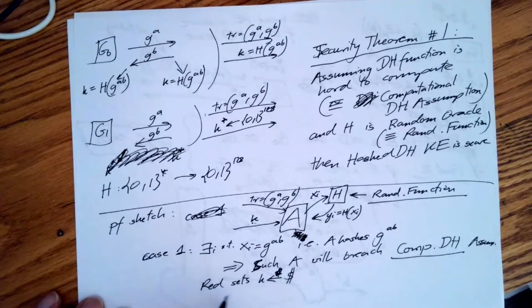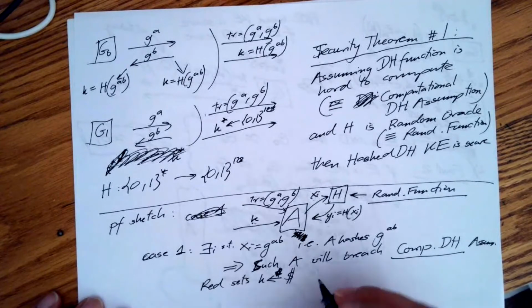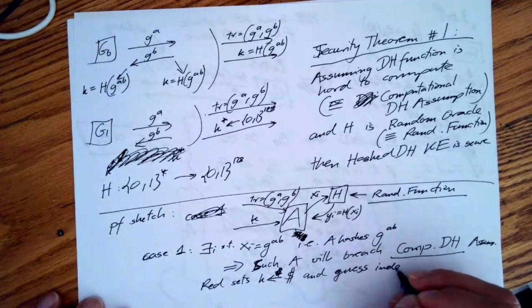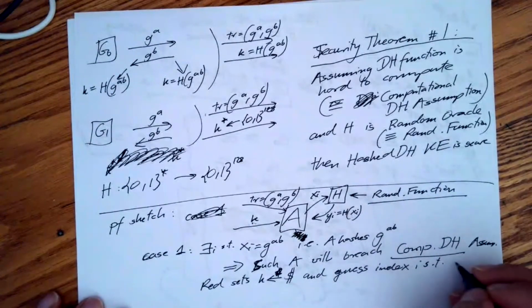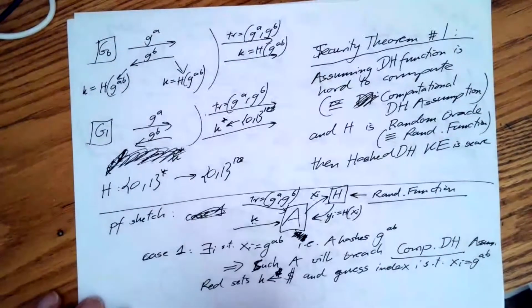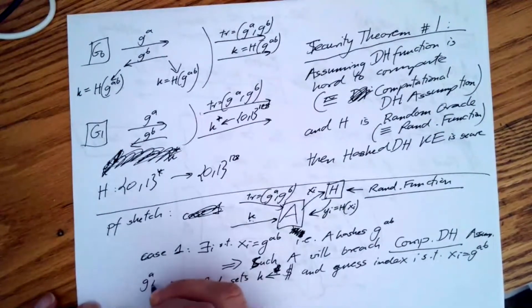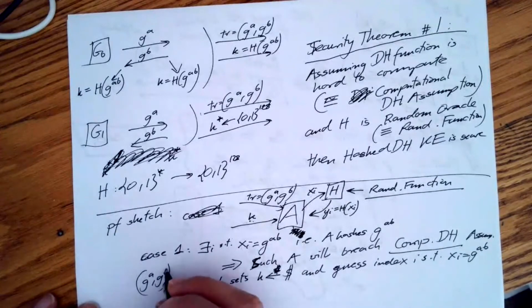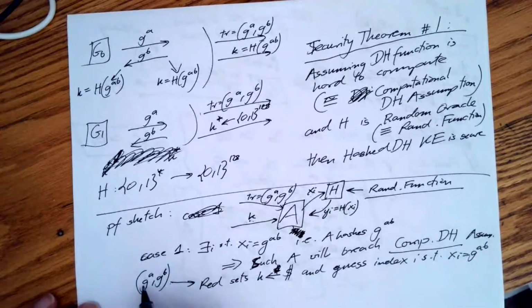And so the reduction can set this value at random and just guess the index i such that xi is g to the ab, because the reduction cannot verify. The reduction gets g to the a, g to the b, and even if some query is correct, it wouldn't know. How can you tell this unless you know the little exponents?